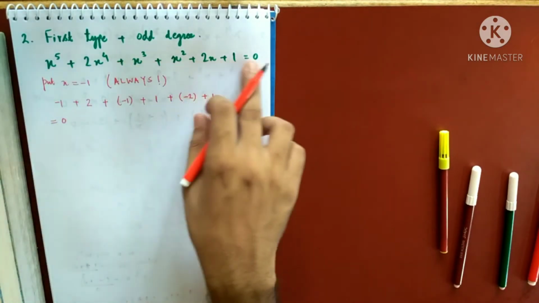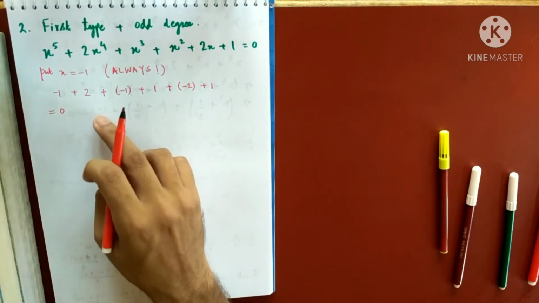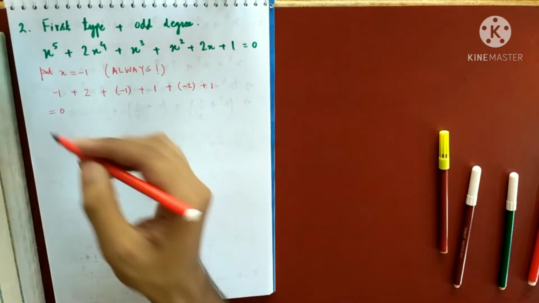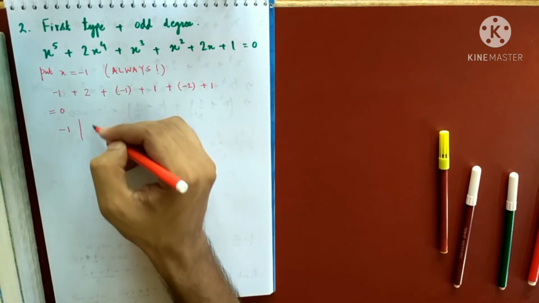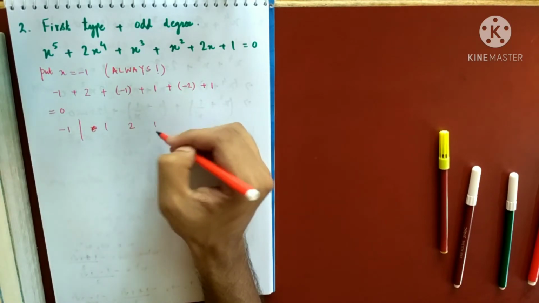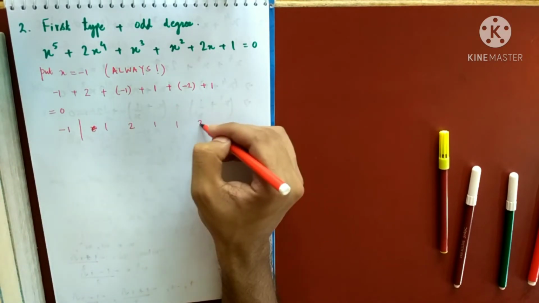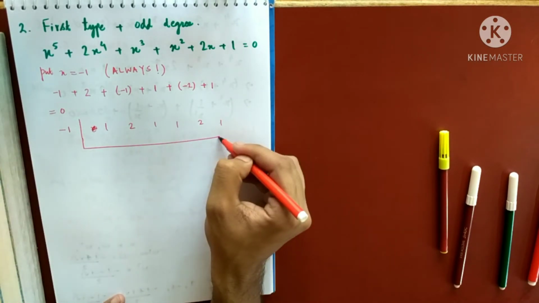So let's divide this polynomial by x plus 1. You can use long division. You can also use synthetic division. I'm using the synthetic division. So minus 1 here, and the coefficients being 1, 1, 2, 2, 1, 1.